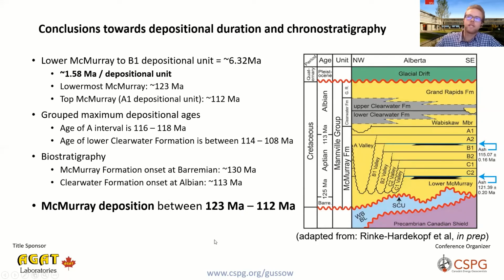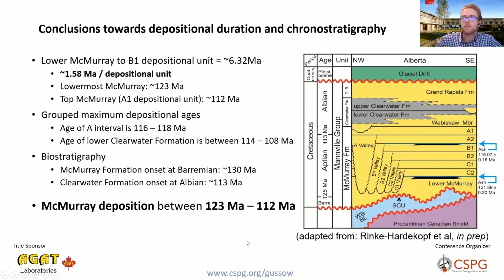Now, if we compare that to our grouped maximum depositional ages, we can still see, surprisingly, that the ages we got for the depositional units were too old. But the onset of the lower Clearwater Formation, which does also include the Wabasca member, seems pretty reasonable at 114 to 108 million years and falls well within that range.